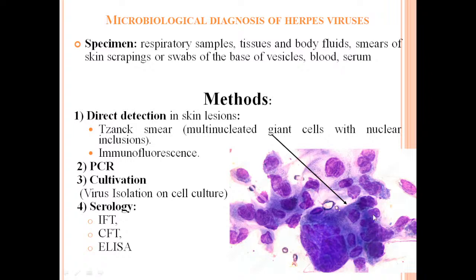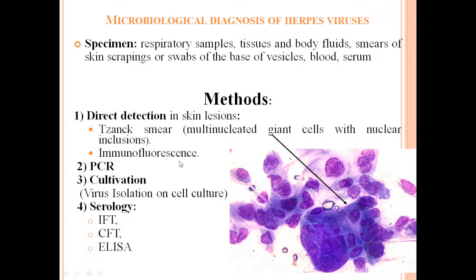This is a human skin cell that contains a lot of nuclei, and the cells are giant with inclusions.